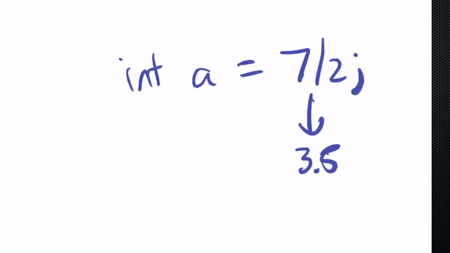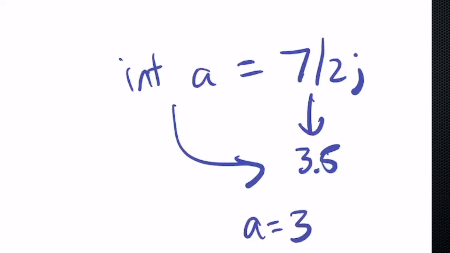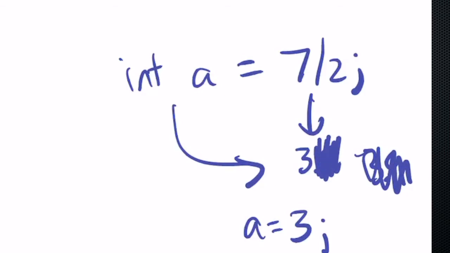But since it knows this is an integer, this has to be truncated, or chopped off. So a will be set to 3, because no matter what the decimal is, even if the decimal was 3.9, it doesn't round. It just removes whatever the decimal is, so you'll get 3.